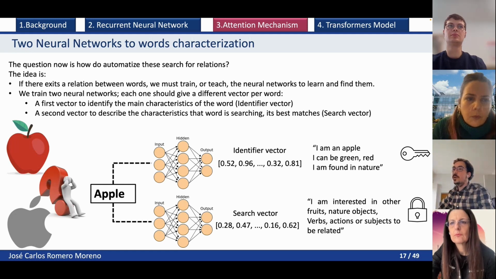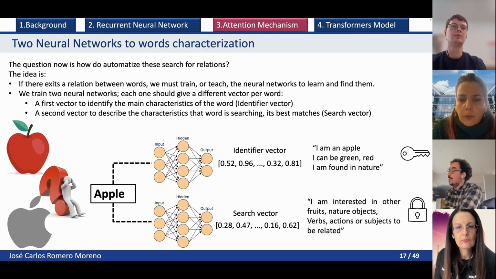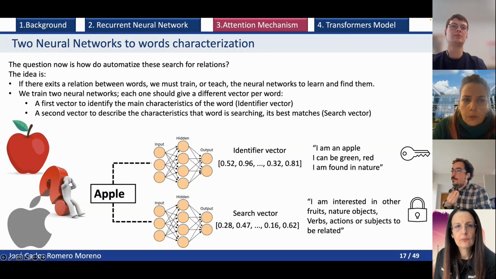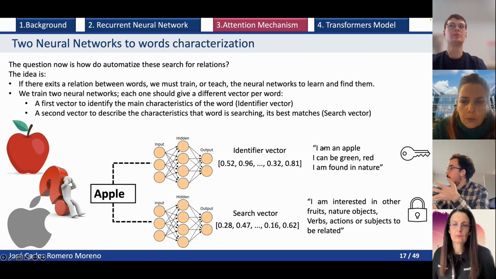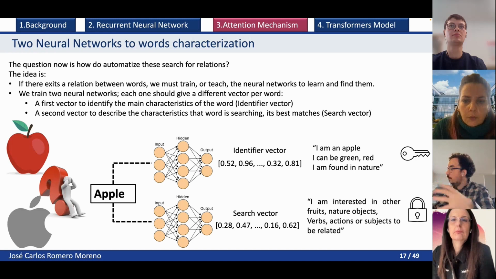The first neural network is going to process each word and get the identifier vector, which is the translation of the word into numbers, just with the information of the description of this word. For example, in the case of apple, this number could have the information that I am an apple, I am green or red, I am found in nature, I grow on trees, etc.